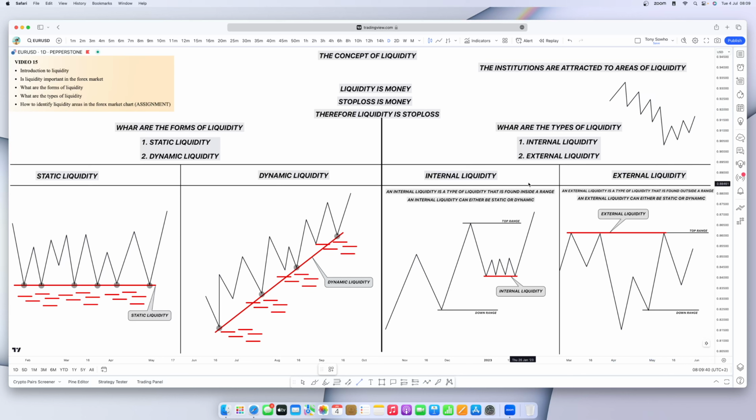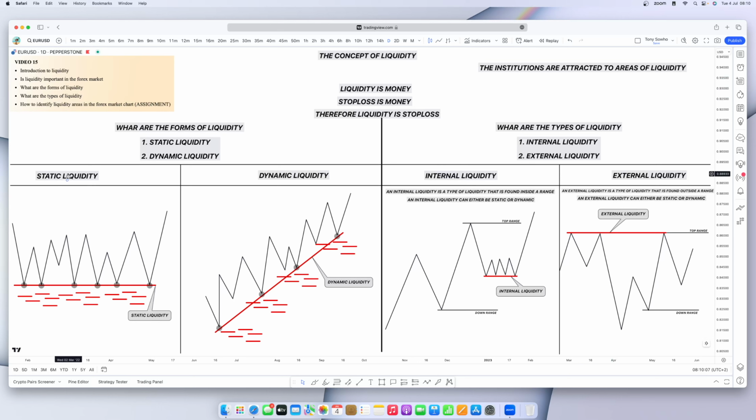This is an example of an external dynamic liquidity. And many times price will just run all this dynamic liquidity, and then price just buys all of it. As you can see now, price is taking out all this liquidity that is here. So this can be one example of an external dynamic liquidity.